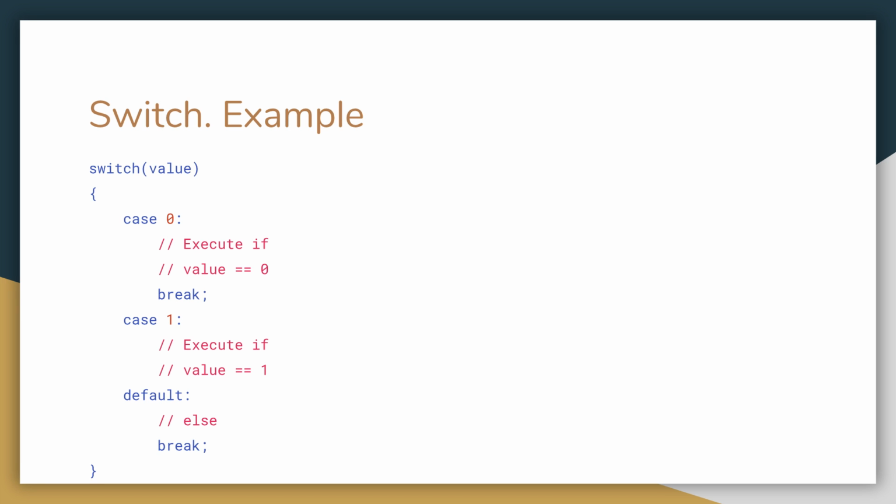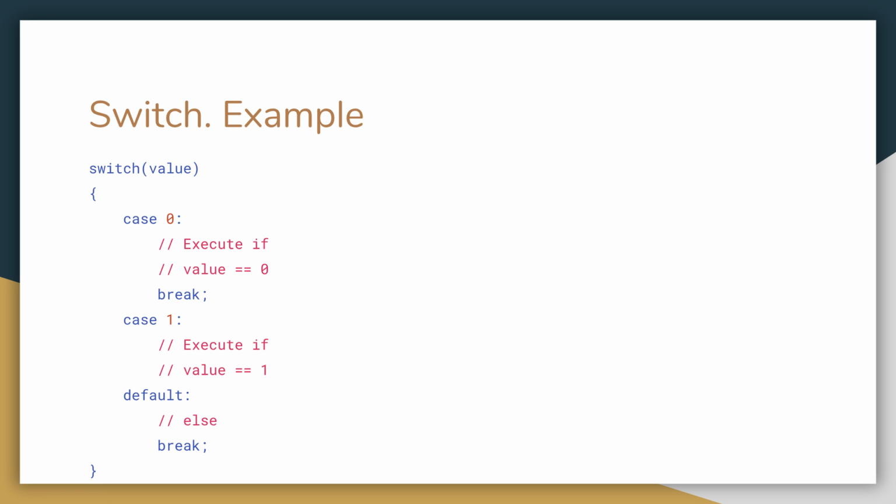It makes sense because if you wouldn't put a break there, it would mean the same as if value equals 0, do this, and then if value equals 1, do this, which will never be the case because value cannot be at the same time 0 and 1. So checking it twice for different values is not needed, and that's why you break it with the break.